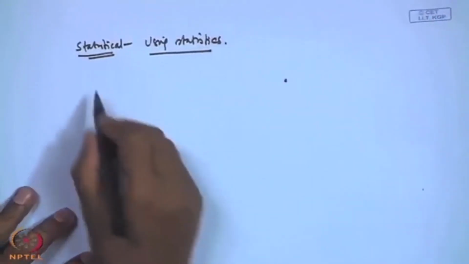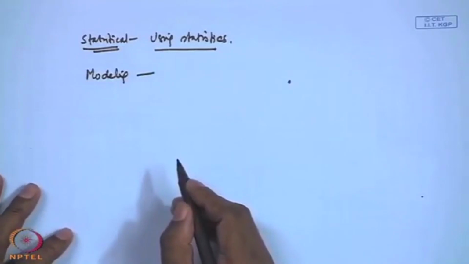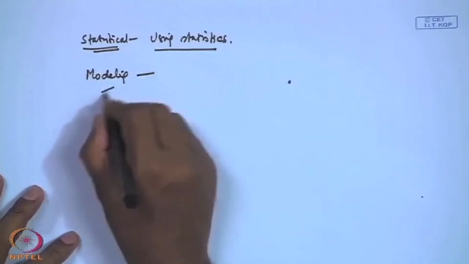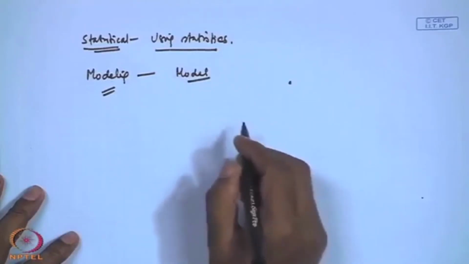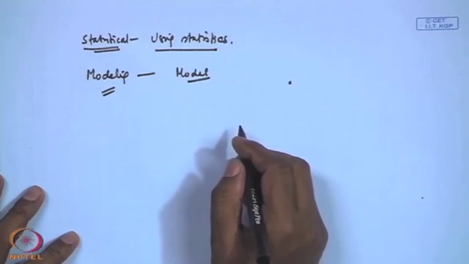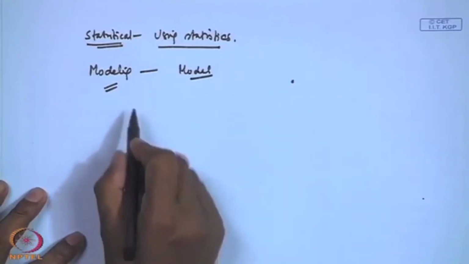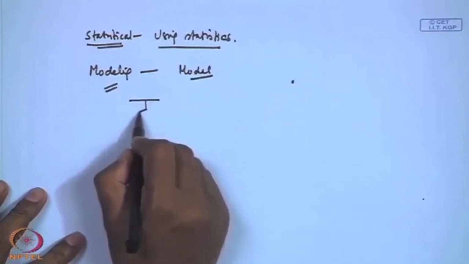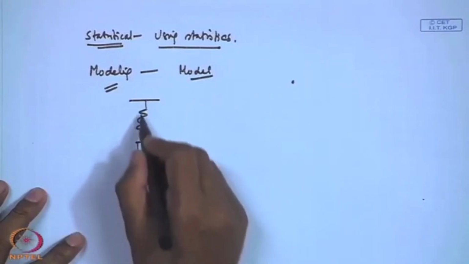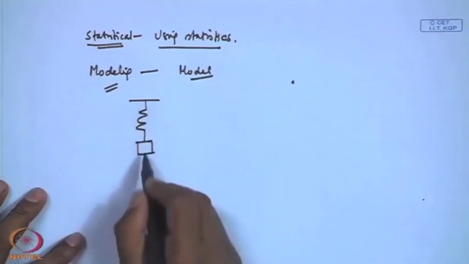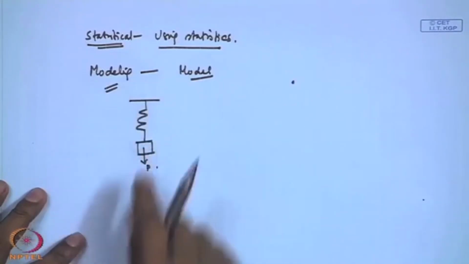Now, the last word, but a very important one, is modeling. If you want to understand modeling, then first understand model. There are many types of model. A very simple one, which I remember from our school days, is a spring balance. This is a spring, an elastic one, a load P is attached to it, and it behaves in some way.